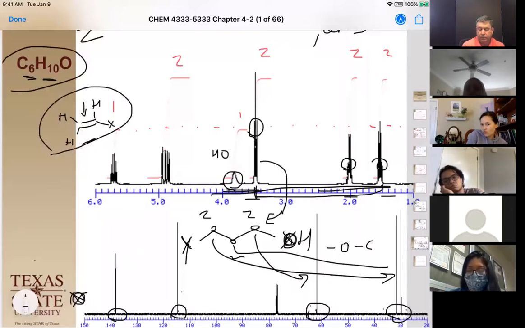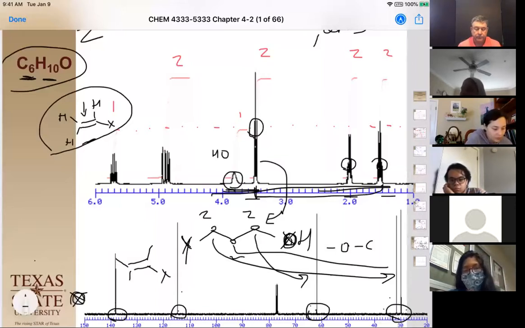One, 2, 3, 4, 5 carbons, but we have 6 carbons. We have a double bond here, so we'd have to have a carbon that was the same. And we have the hydrogen, 2 alkenes.